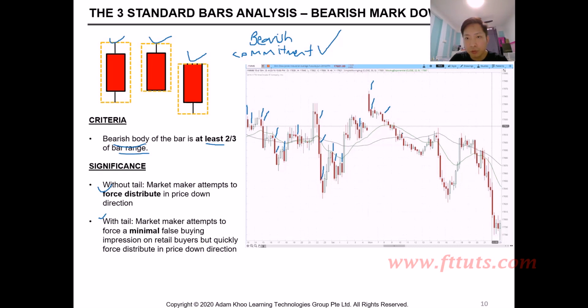Again, no need to use a ruler, just visually identify them. Train yourself to visually identify them, because it doesn't make sense for a trader to use a ruler to measure the bar, right? So these are the ones.